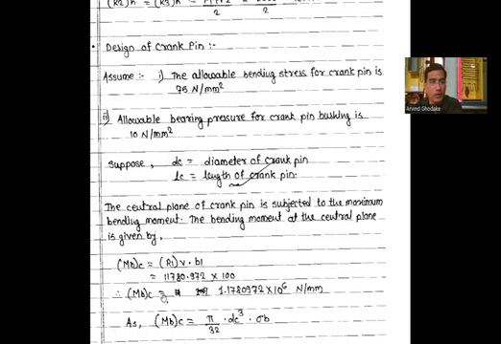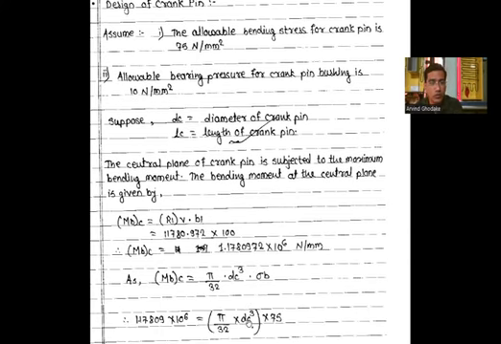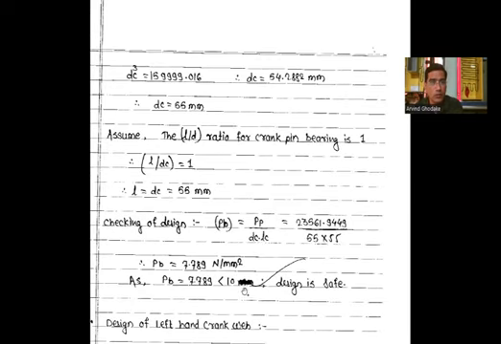Putting in the values, we get the bending moment of the crank pin as 1.17 into 10 raised to 6 Newton mm. As MB is equal to pi by 32 DC cube into sigma B, putting in the values we get DC cube equal to 1,59,999 mm cube. So DC will be equal to 54.28 mm, and the rounded diameter of the crank pin is 55 mm.